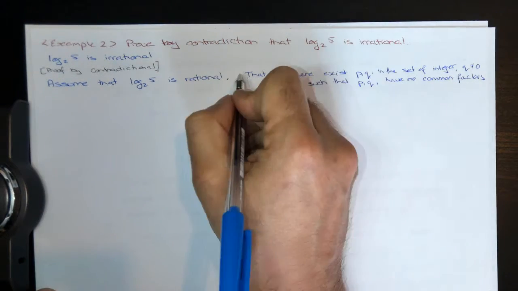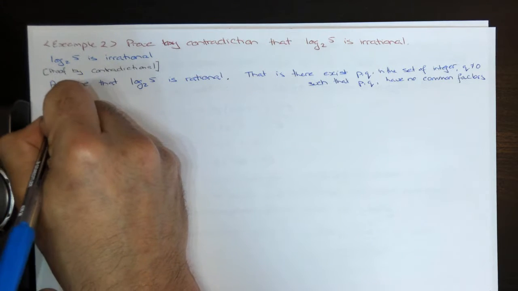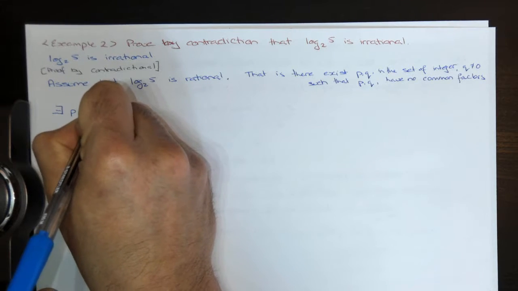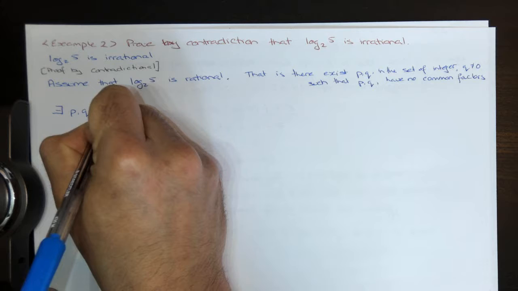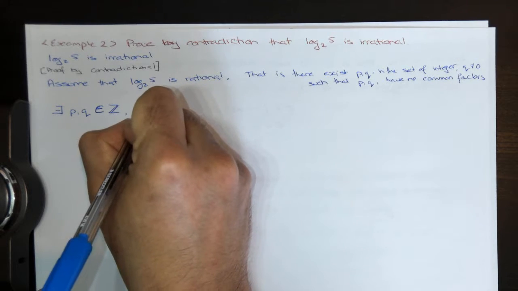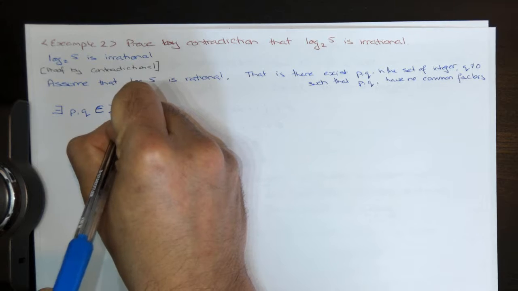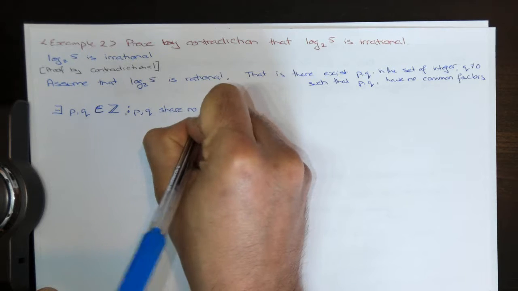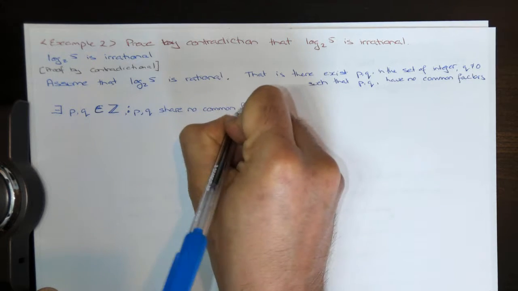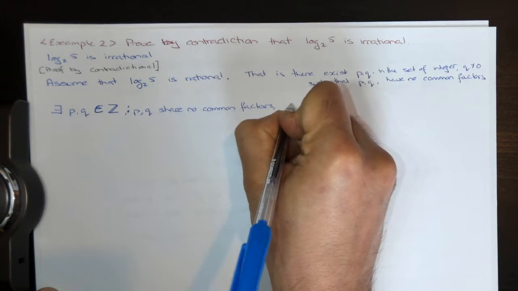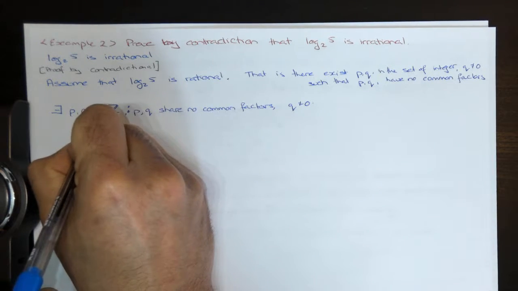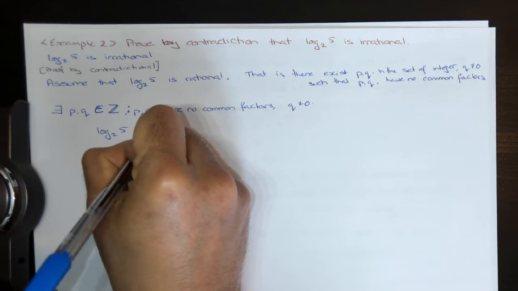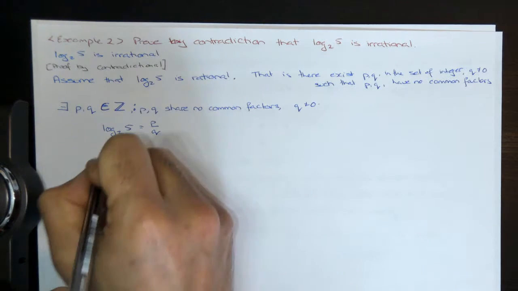Okay, so we could write this part as, there exists P and Q in the set of integers such that P and Q share no common factors, and Q can't equal 0, so that we have log base 2 of 5 being a rational number. Okay, and we can write this in index form.